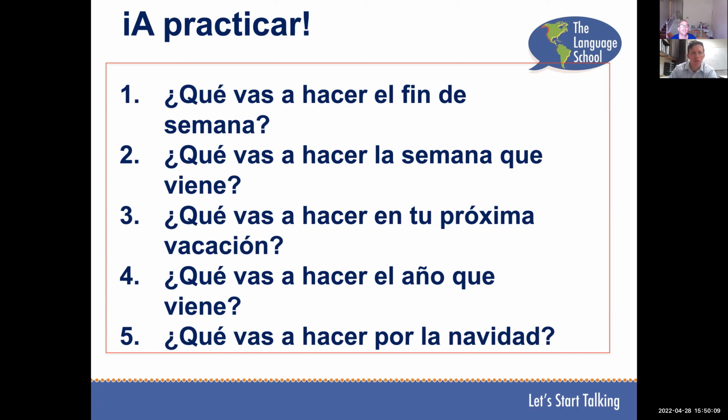¿Qué vas a hacer el año que viene? Perdón, número 3. ¿Qué vas a hacer en tu próxima vacación? Voy a viajar a Alaska. Muy bien. Alaska. Qué bueno. ¿Qué vas a hacer el año que viene?